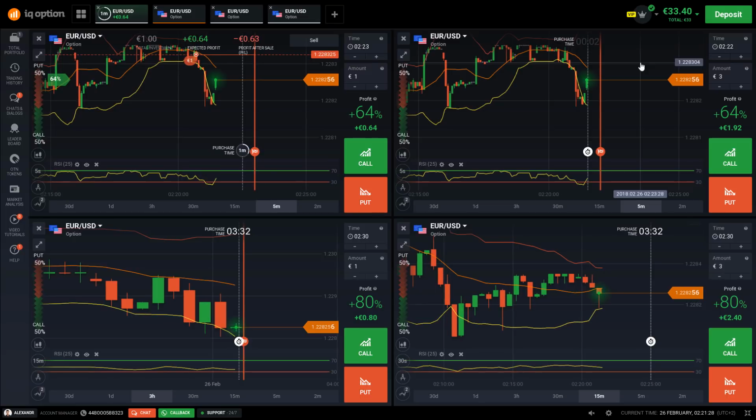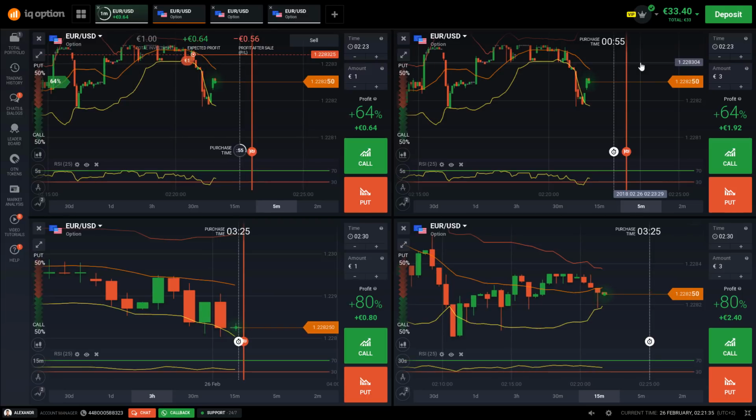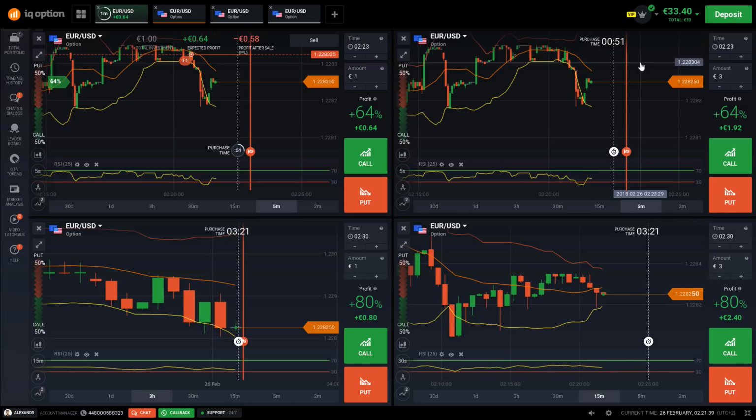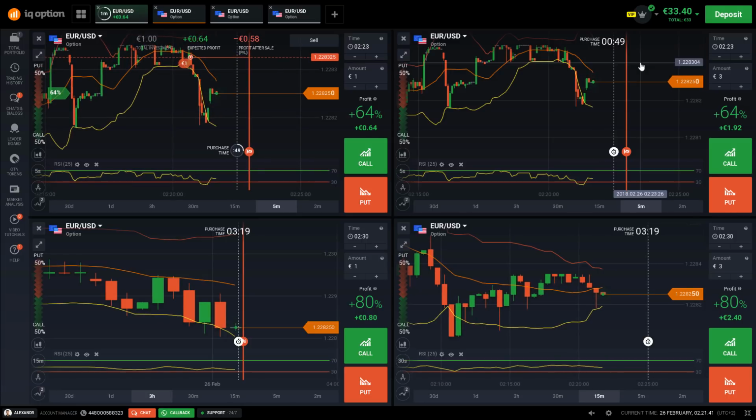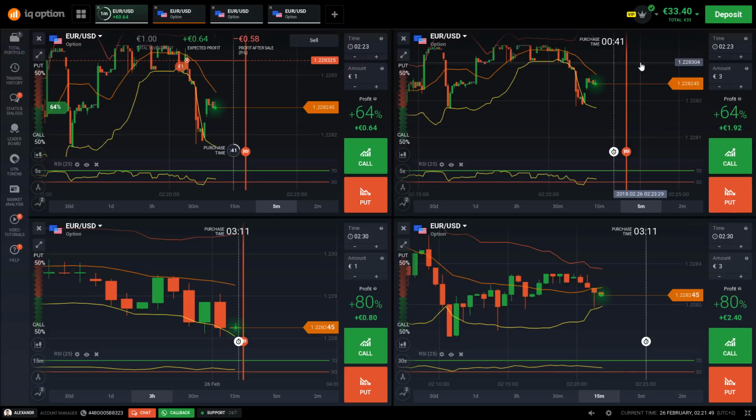Maybe it's going to be switched to the green trend, but it is a little premature to say. Anyway, I'm going for another reversal from the top to the bottom with €1.